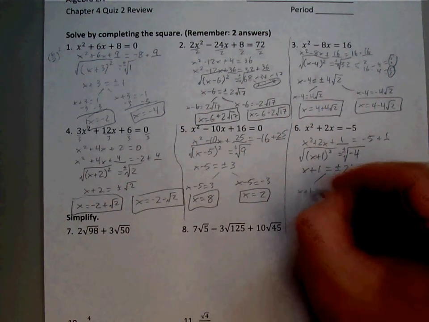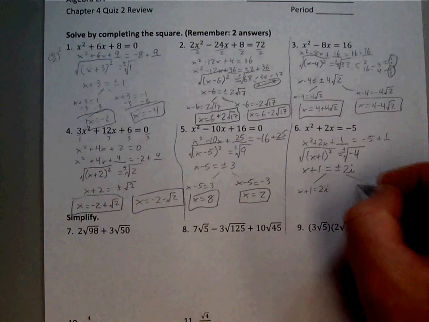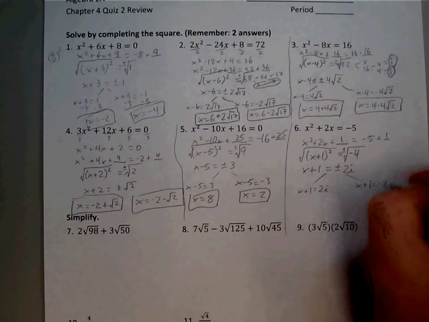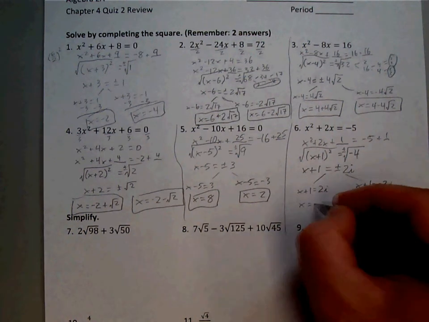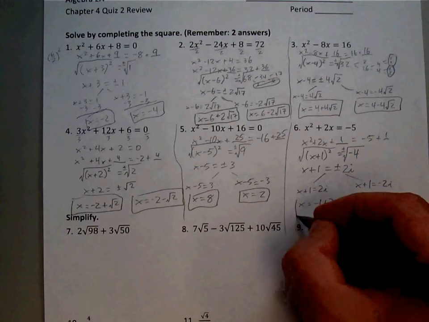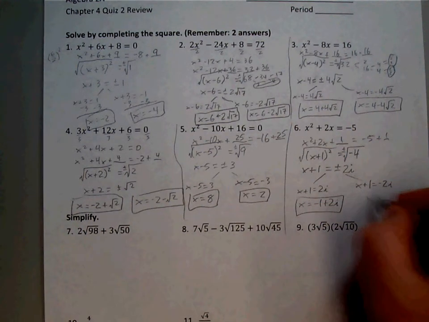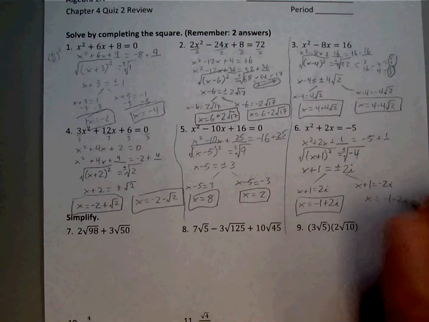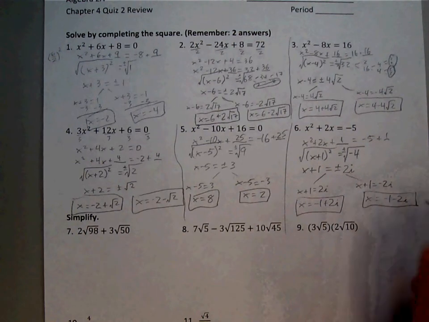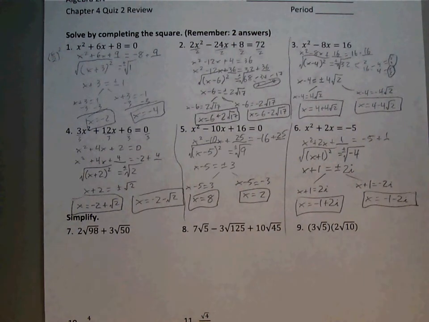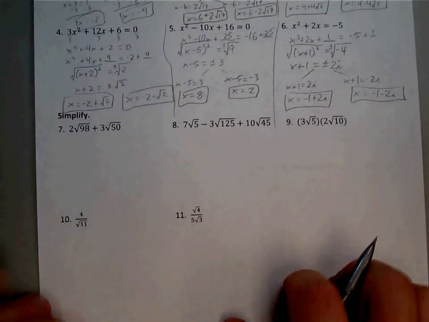So x plus 1 equals 2i, and x plus 1 equals negative 2i. Subtract the 1, so negative 1 plus 2i. And subtract the 1 over here, negative 1 minus 2i. So there's our completing the square.